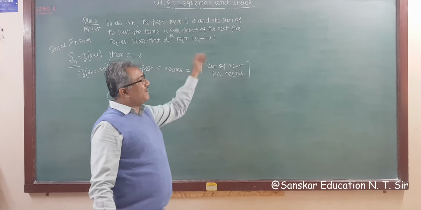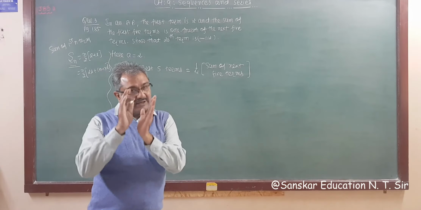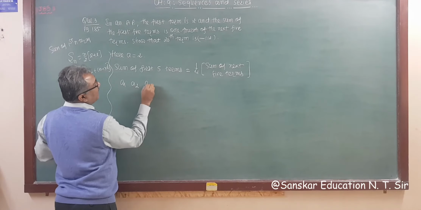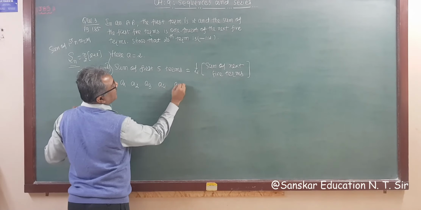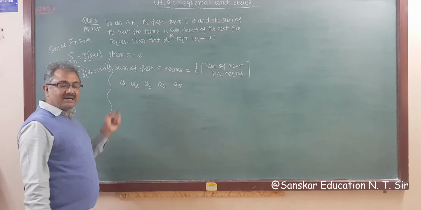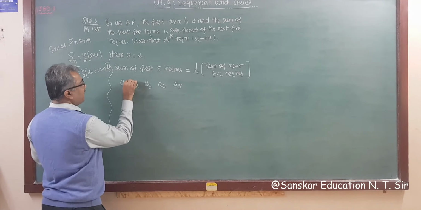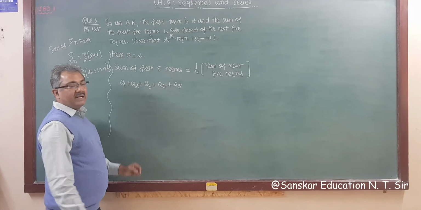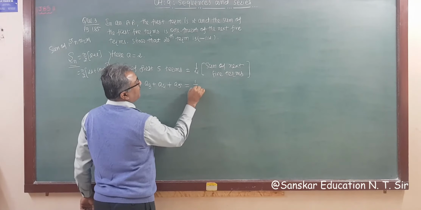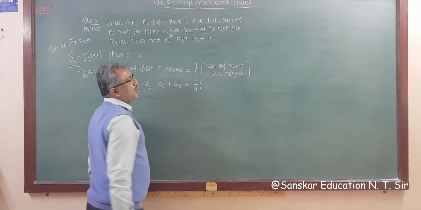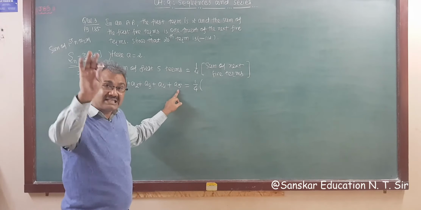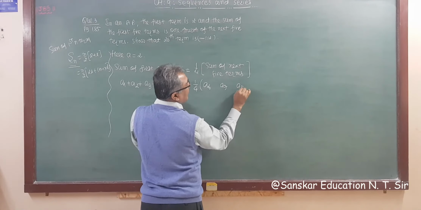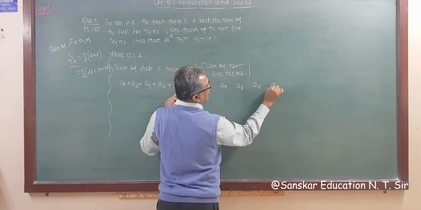The first 5 terms are A1, A2, A3, A4 and A5. The sum of these terms, A1 plus A2 plus A3 plus A4 plus A5, is equal to 1/4 of the sum of the next 5 terms, that is A6, A7, A8, A9 and A10.